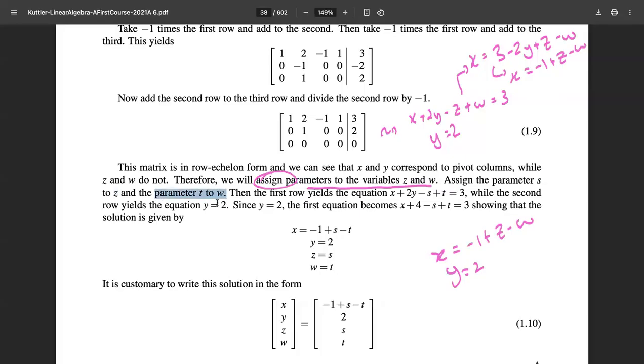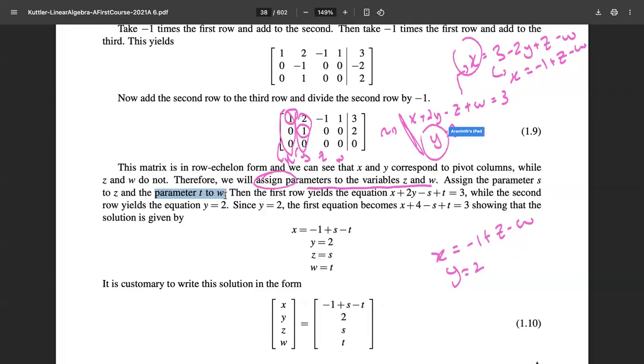Something I want you to take note of is that the subjects of my two equations here come from my pivot positions. The first column corresponds to x, the second column corresponds to y, the third column corresponds to z, and the fourth column corresponds to w. So my two pivot columns give me the subjects of the final equations, and the parameters come from my non-pivot columns.